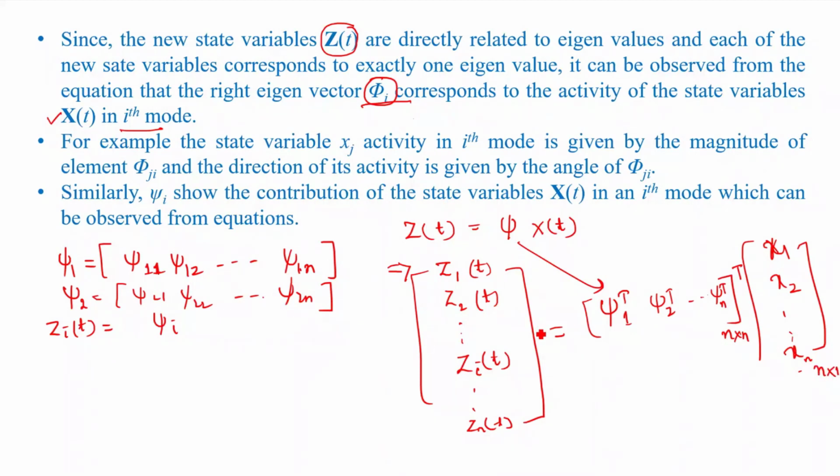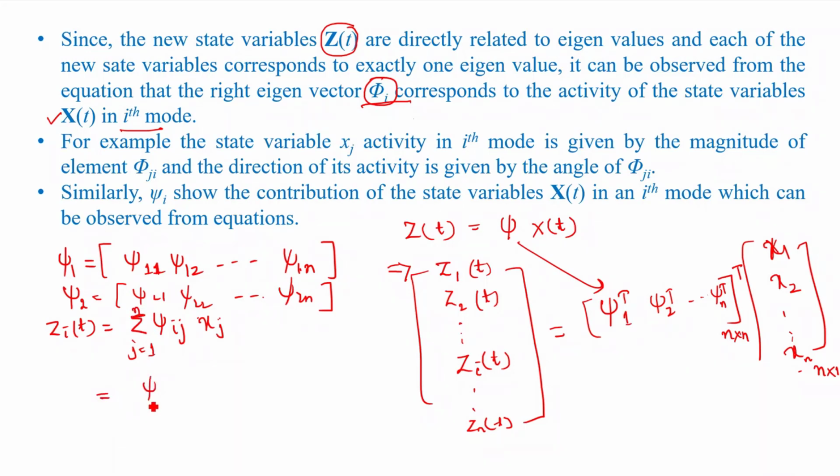So if we multiply this, it will give us the summation of psi_ij x_j, j equal to 1 to n, right?